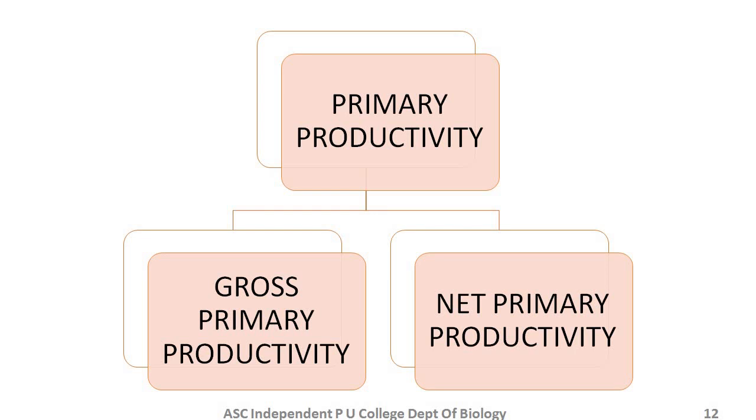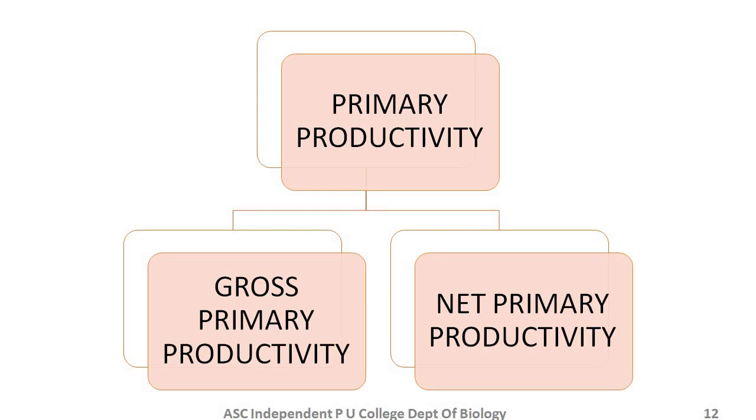Gross primary productivity refers to the total amount of organic matter produced by plants during the process of photosynthesis. Out of gross primary productivity, some amount of organic matter will be used by the plants for the process of respiration. After using that amount, whatever organic matter is left makes up the net primary productivity.